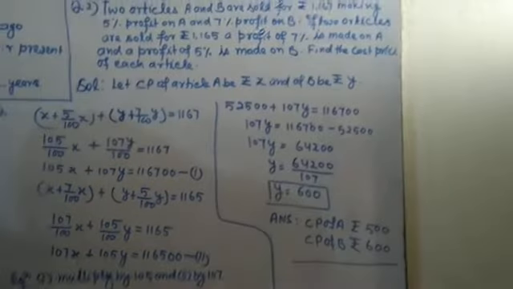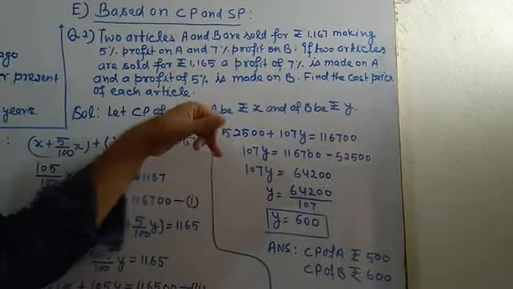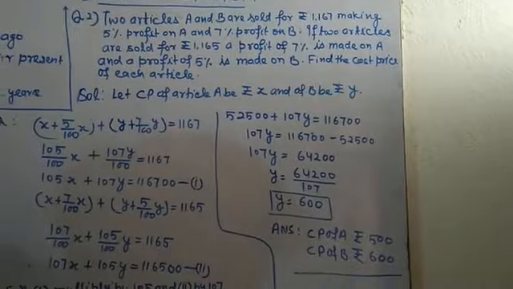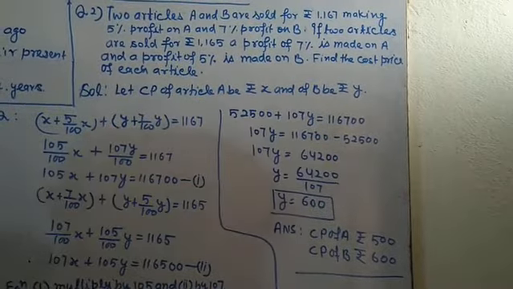Second, the solution. Let the CP of article A be rupees x and of B be rupees y.